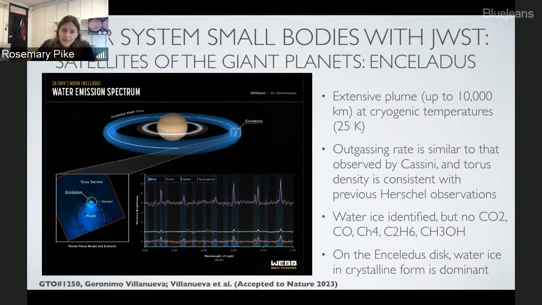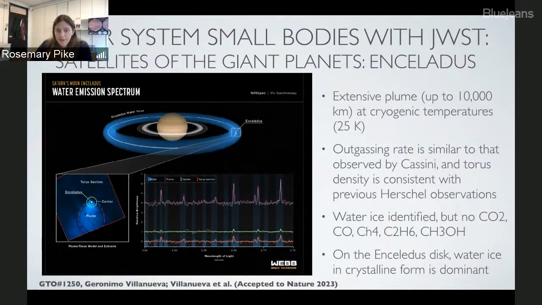And interestingly, even with the really good sensitivity of JWST, they only identify water ice, no carbon dioxide or carbon monoxide, methane. And they also found basically only water ice on the disk of Enceladus, where it was dominant in a crystalline water ice form.